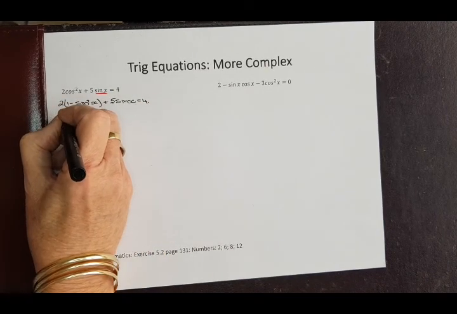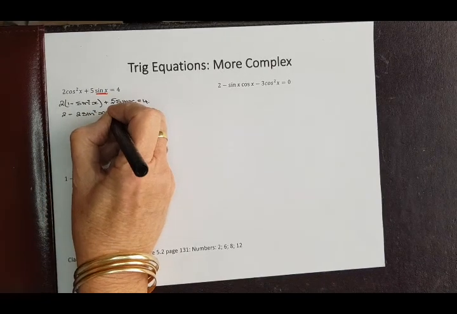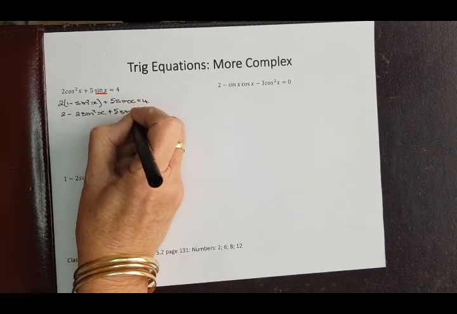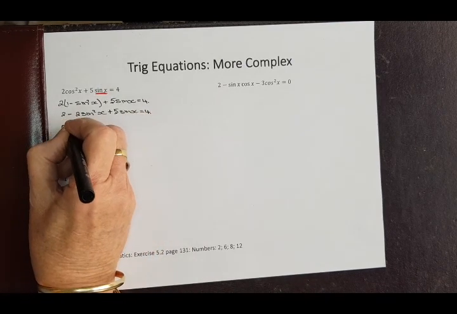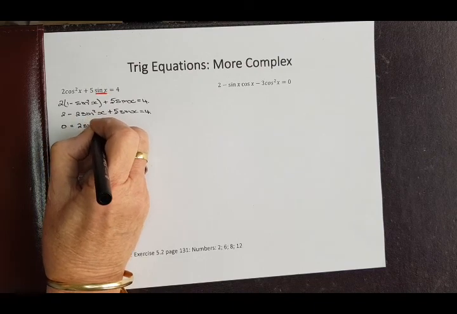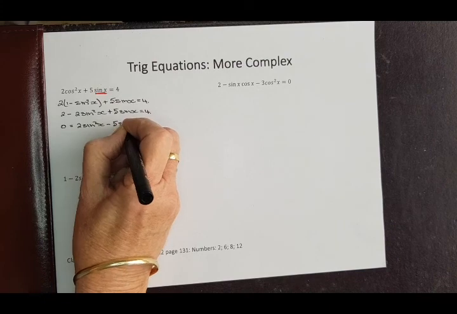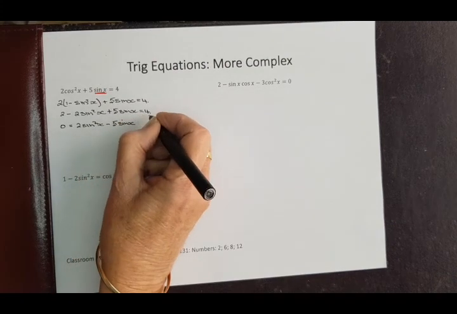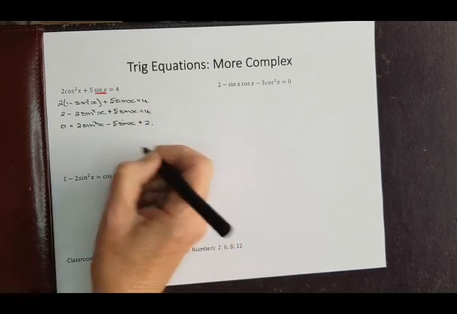Tidying up my quadratic, I get 2 minus 2 sine squared x plus 5 sine x is equal to 4. So naught is going to equal 2 sine squared x minus 5 sine x, and 4 minus 2 is going to give me a plus 2.